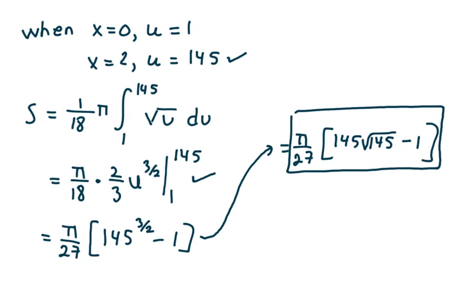And so S is pi over 18 times the integral from 1 to 145 of the square root of u du, which is pi over 18 times 2/3 u to the 3/2, evaluated from 1 to 145. Applying the fundamental theorem, this is equal to pi over 27 times (145 to the 3/2 minus 1). And this can be written as pi over 27 times the quantity 145 times the square root of 145 minus 1.